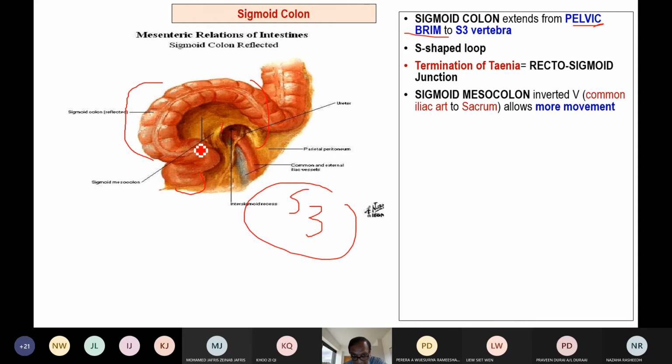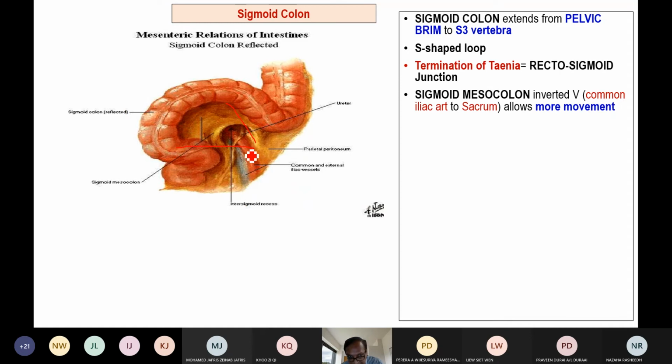What actually forms the loop? From the posterior abdominal wall to the S-shaped loop, this yellow colored structure is there. This yellow colored structure is the sigmoid mesocolon, and it is like the limb of a V, this is one limb of the V and this is another limb of the V. In the center are the common iliac artery and common iliac vein.